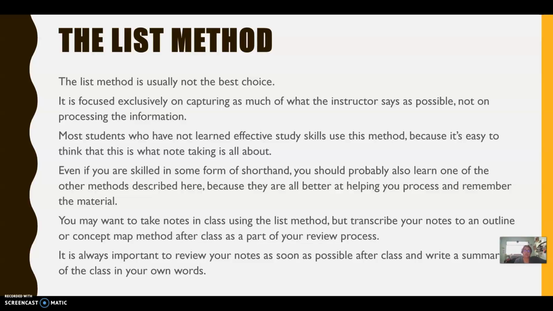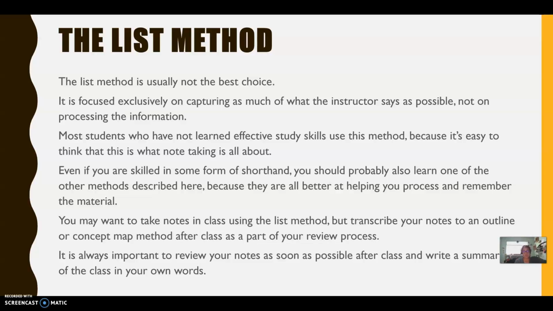So if this is your default method, you may still want to use the list method to do your note taking, in combination with another method. So you can take your notes in the list method, then transcribe them into a different method like the outline method or concept mapping. Do that during your review process.